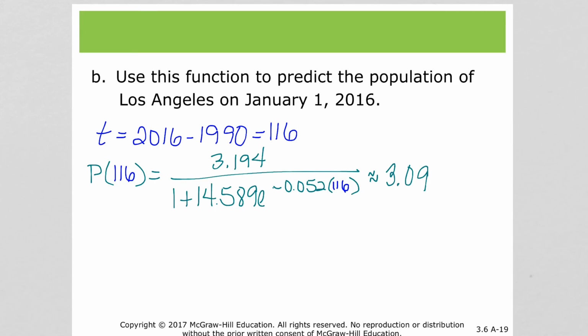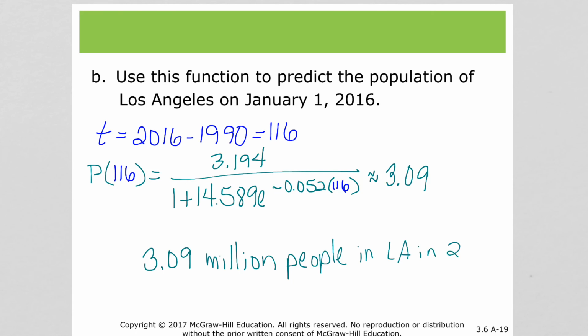So we estimated there to be 3.09 million, not just 3 people, 3.09 million people in Los Angeles in 2016. Getting fairly close to our carrying capacity, isn't it?